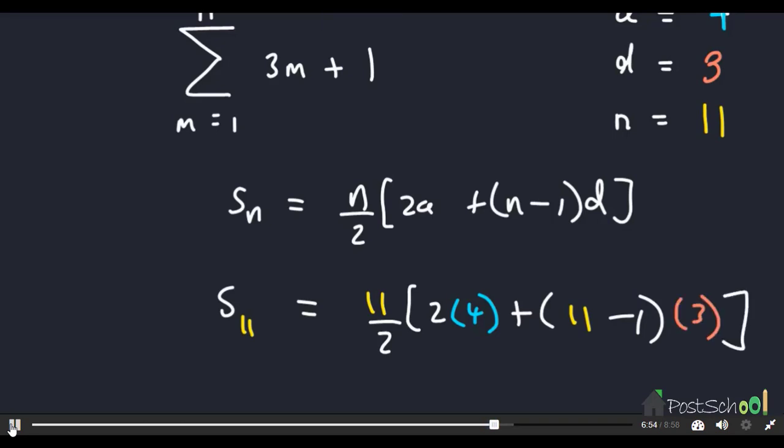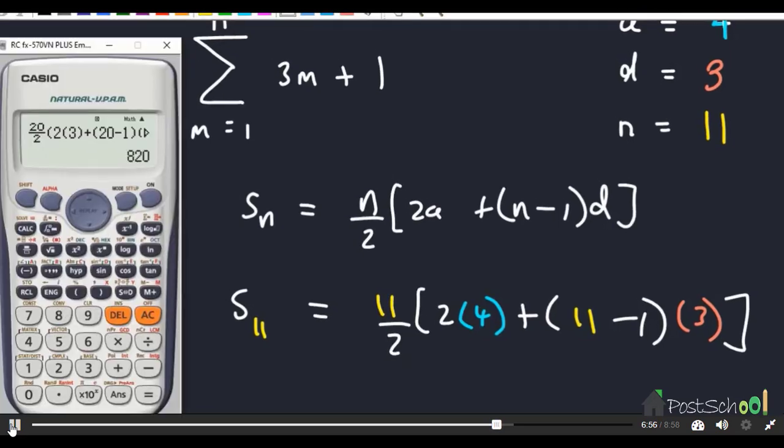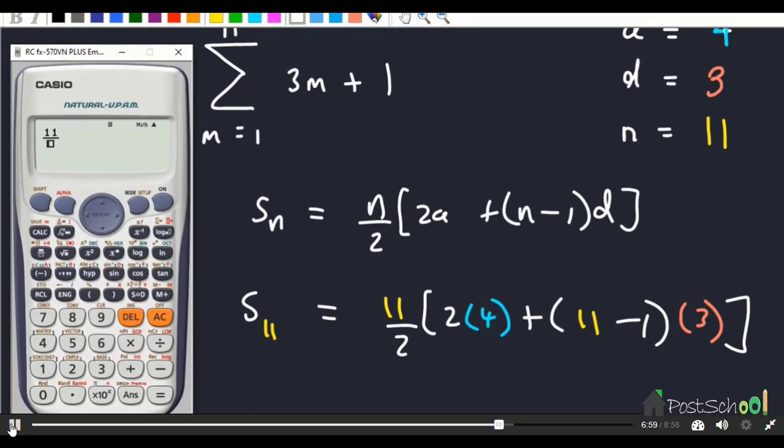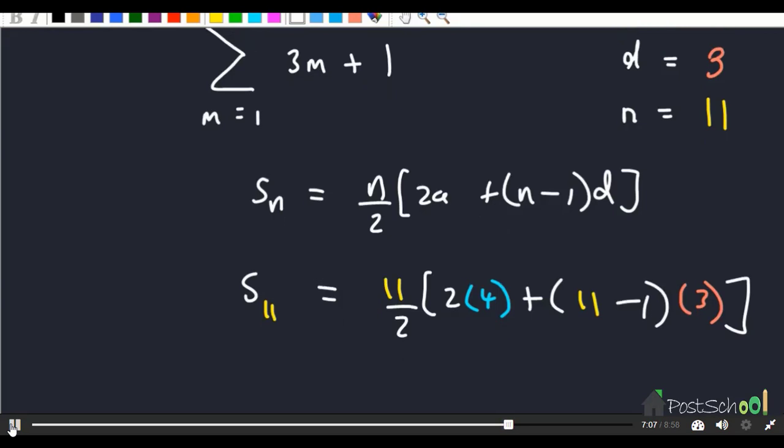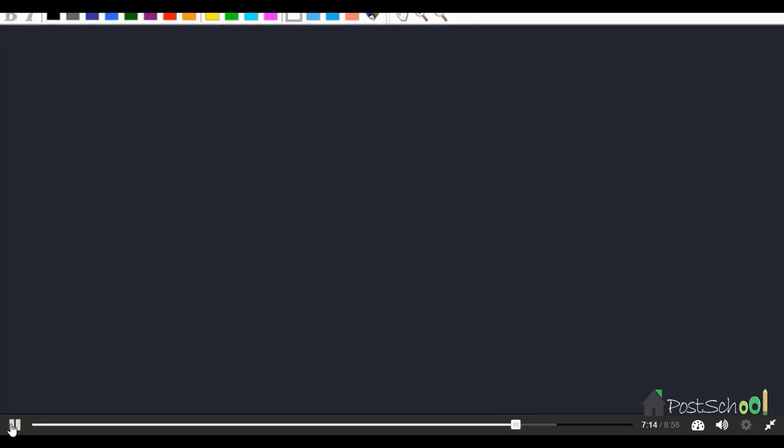Then we close. Okay, then let's use our calculator to punch in that. So that's 209. So we've just got that the sum to 11 terms is 209. As simply as that.